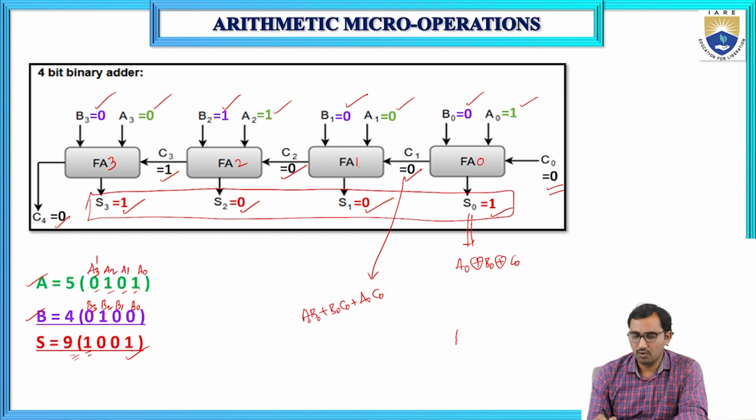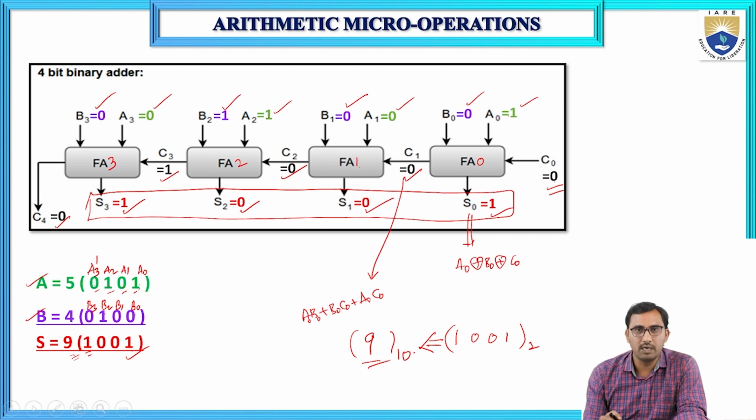Sum bits are 1 0 0 0 in binary, and its corresponding value in decimal is 9. In this way, a 4-bit binary adder adds any two numbers of any length.